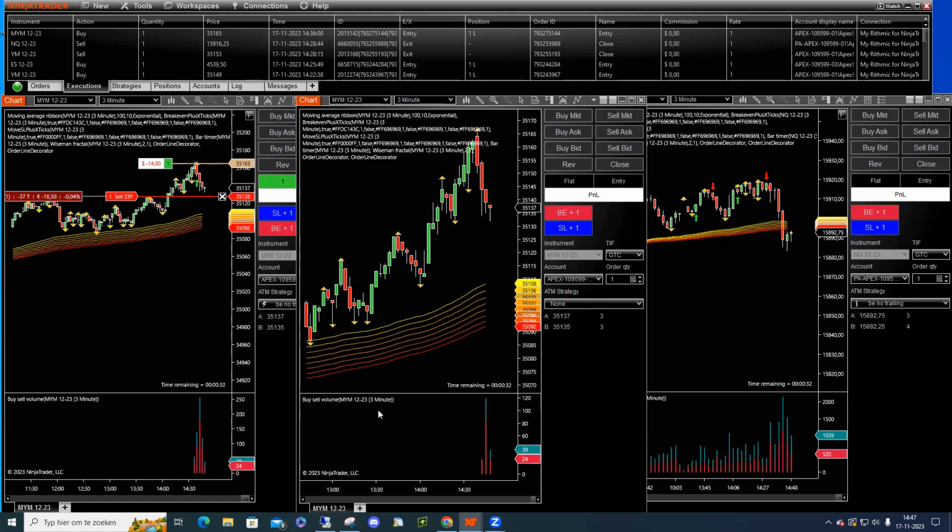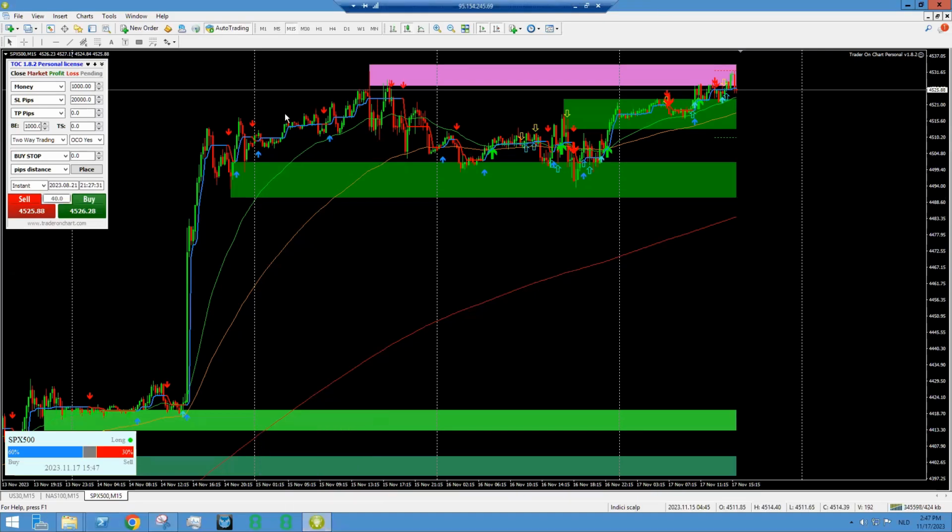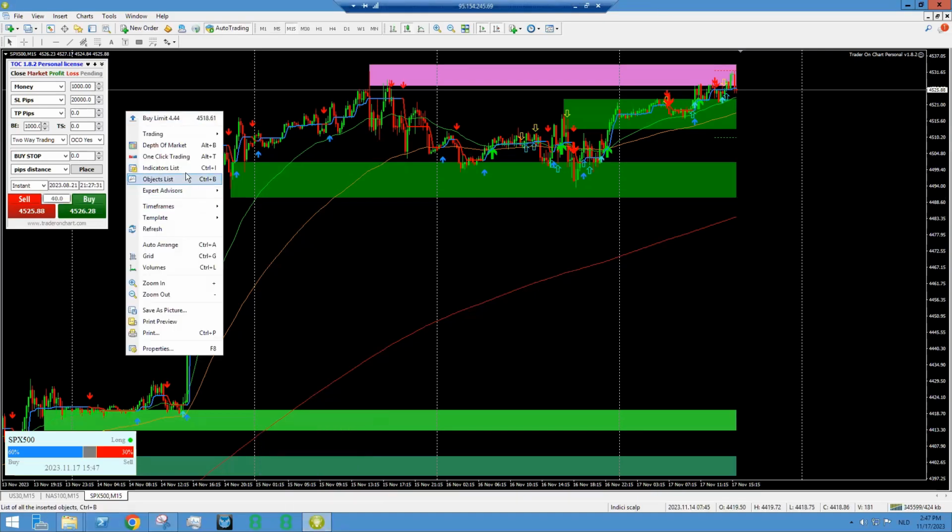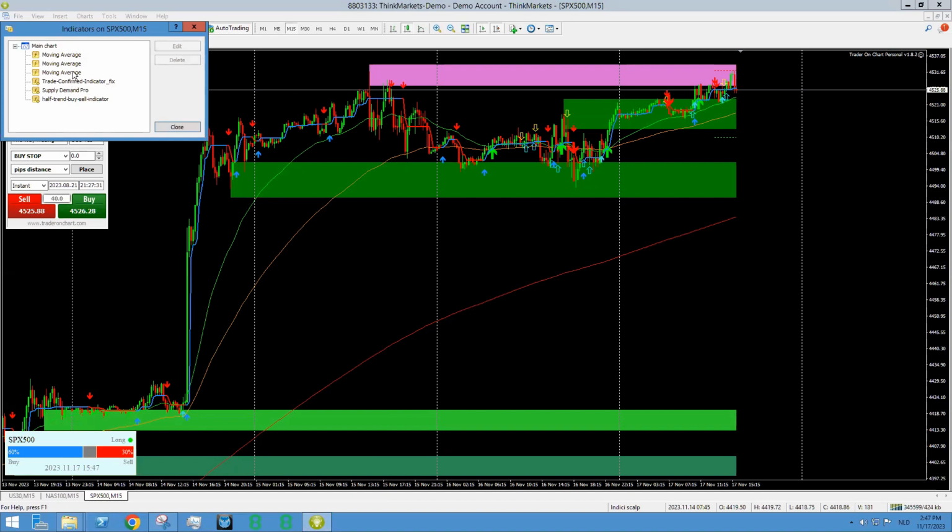So that's basically what I do and how I do it, and I will share the template. Oh, that's the button. So I will share the template with the indicators. It's the 3 moving averages everybody has. The trade confirmer, that's the one on the bottom left. Supply Demand Pro, those are the boxes, and the Half Trend buy sell indicator is the red and blue line.